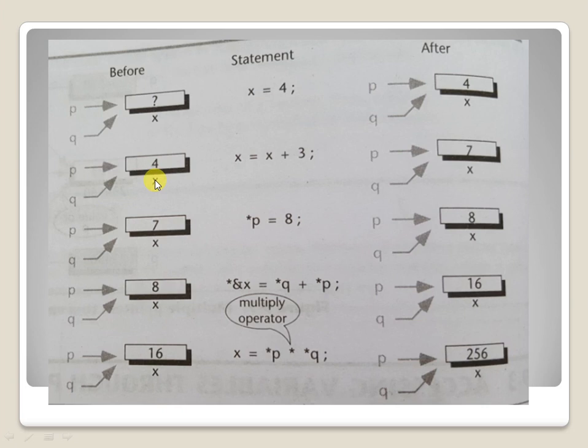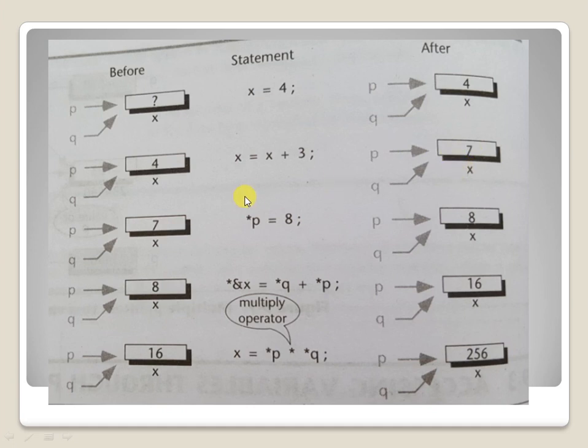X is holding the value 4, and if you increment the value of x by 3, there is no change in the pointer, only the value of the variable x is updated with 7. So there is no change in the pointer, just the value is updated.